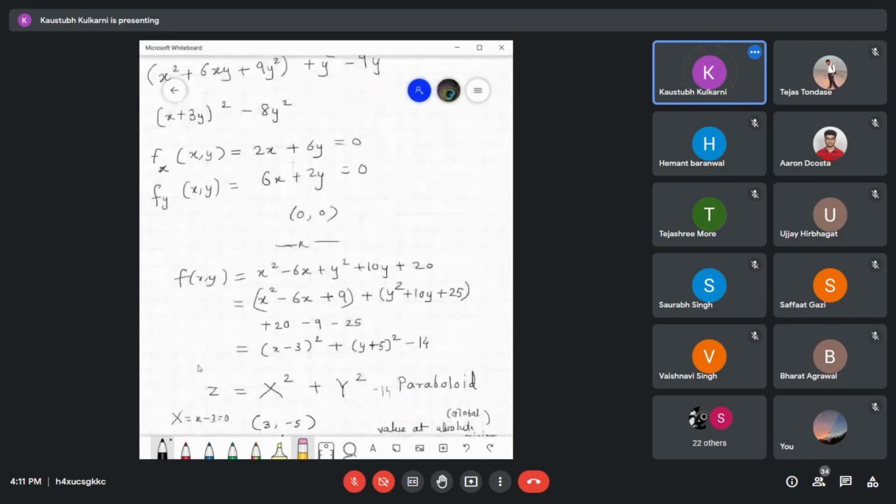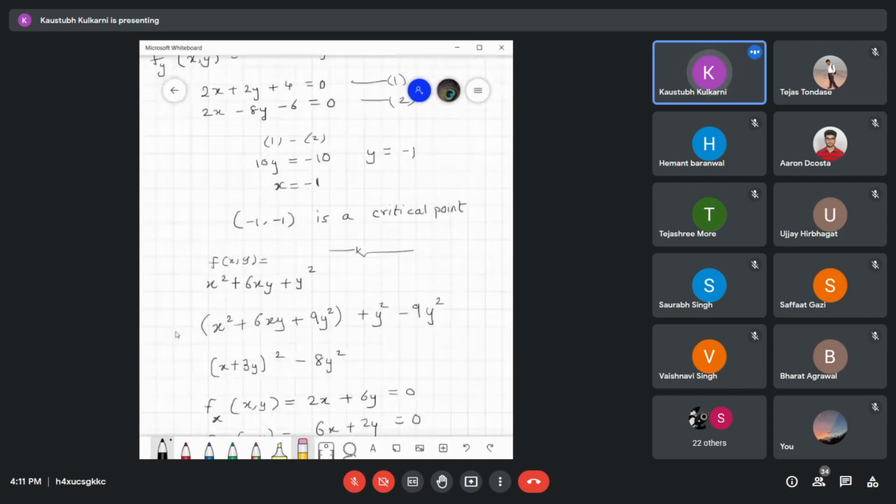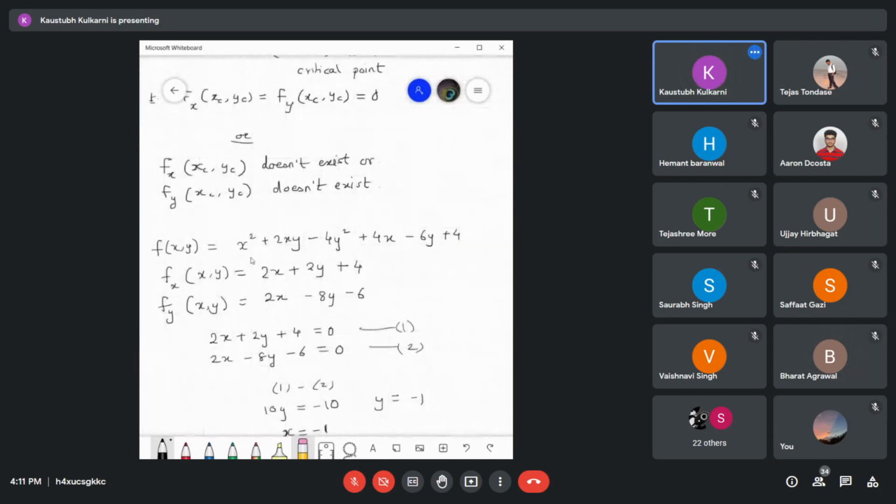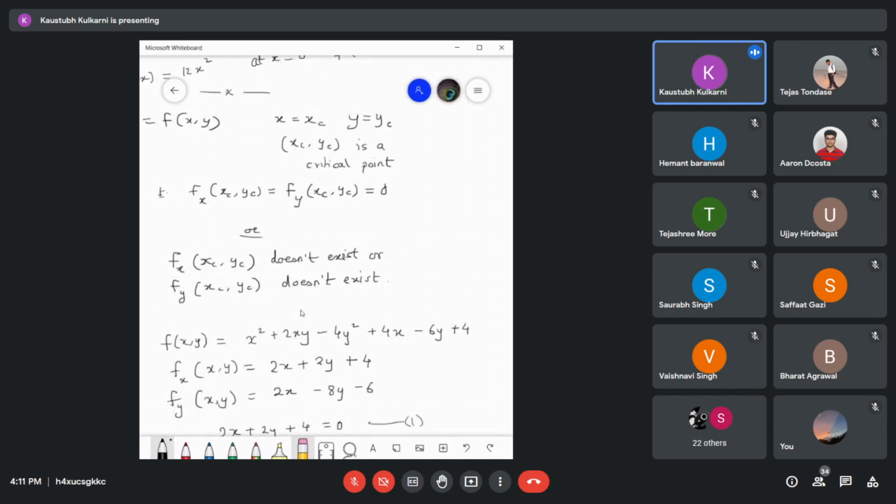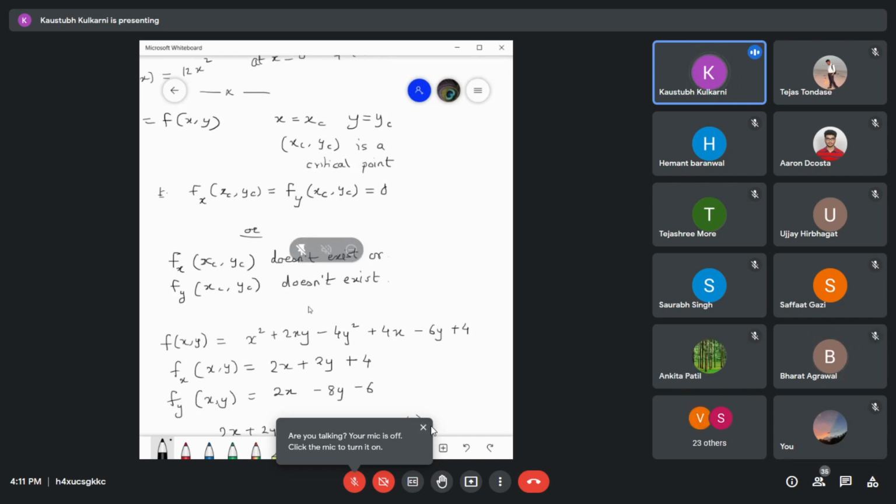A particular point is a critical point if, first you check whether the derivative doesn't exist. When does the derivative not exist? For example, if the function is mod of x, then the derivative will not exist at x equal to 0.